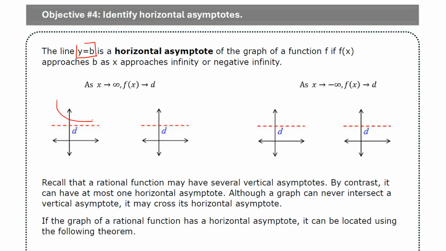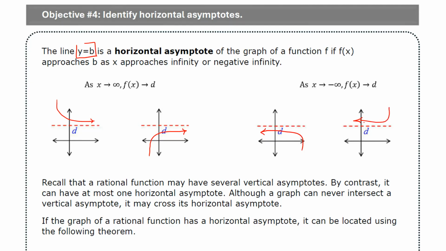That would be either above the asymptote or below. Now, as x is approaching negative infinity, f of x is approaching b. Again, we could have it below or above.